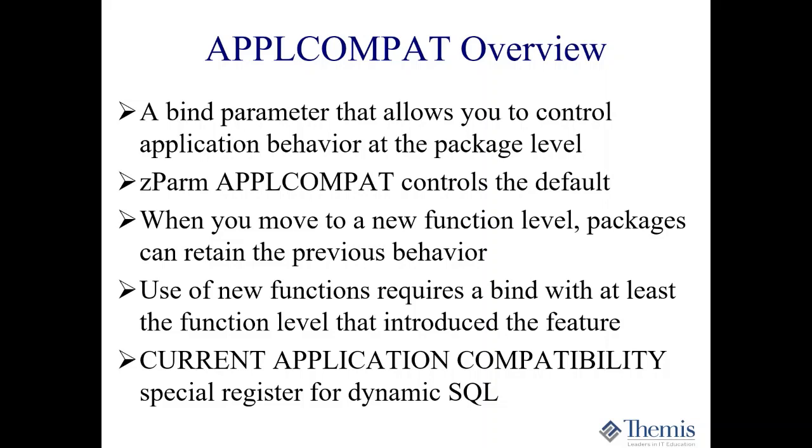For those of you who are developers or application DBAs, the installation folks may activate version 12, release 1, M504, which is pretty current, from earlier in 2019. But for a particular application, you may decide that you're not ready and want that application to still behave as though it were on an earlier function level.